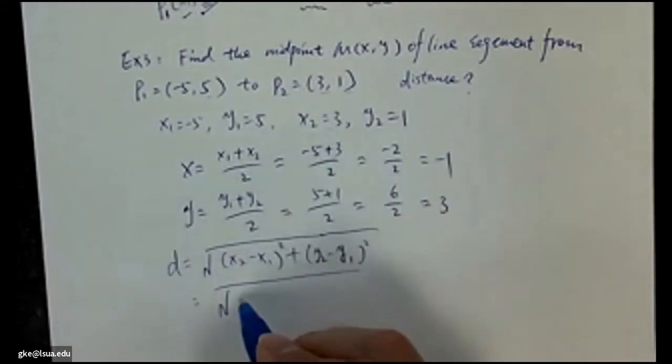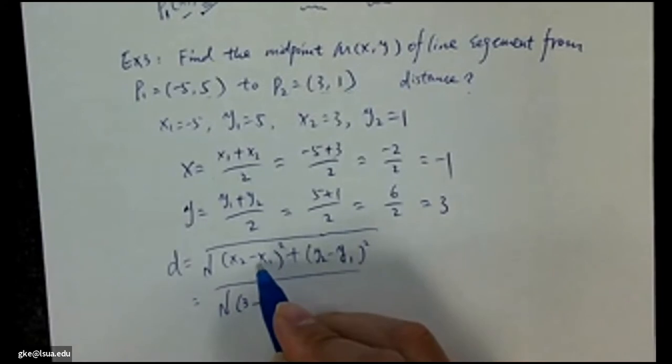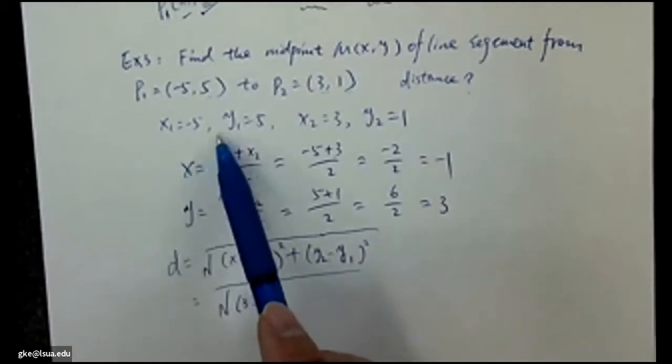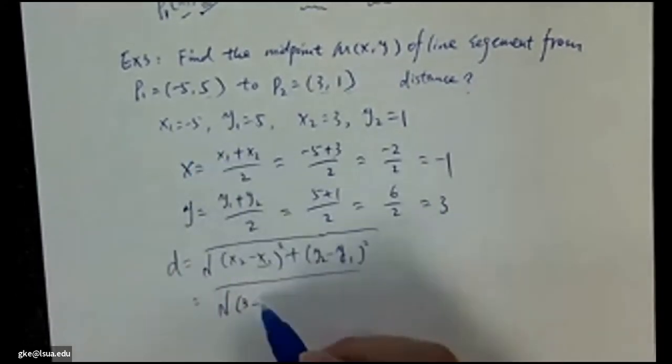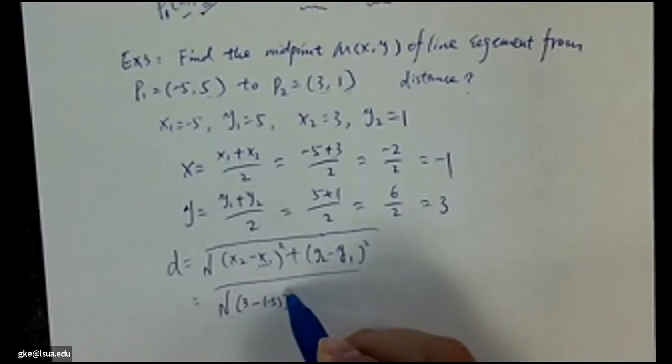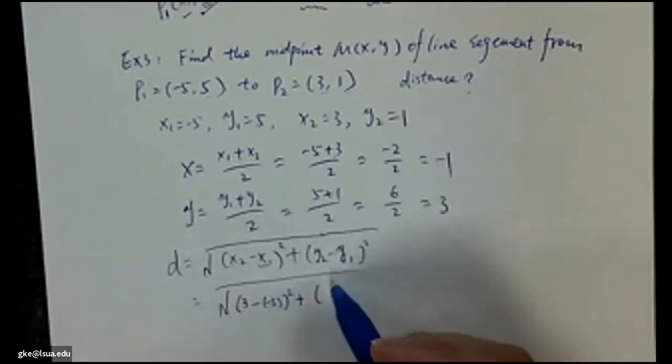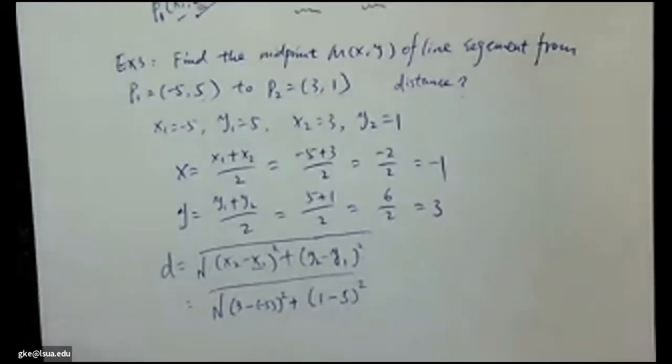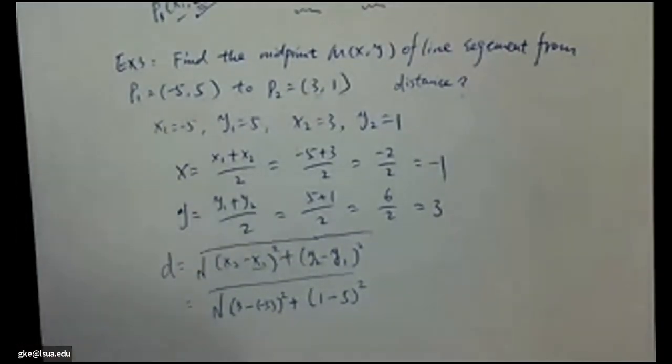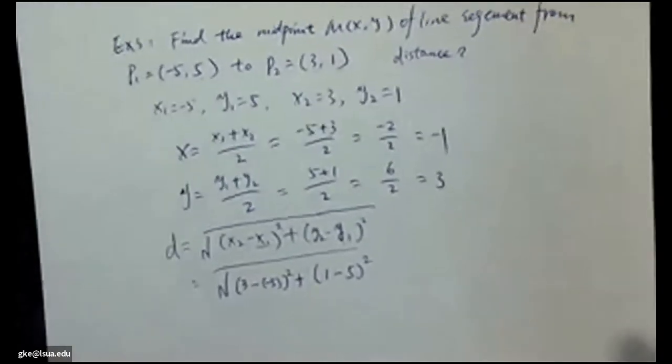So x2 is 3, x1 is -5, and the y2 is 1 minus y1 is 5. So just plug in the distance formula and then you're gonna get the results.